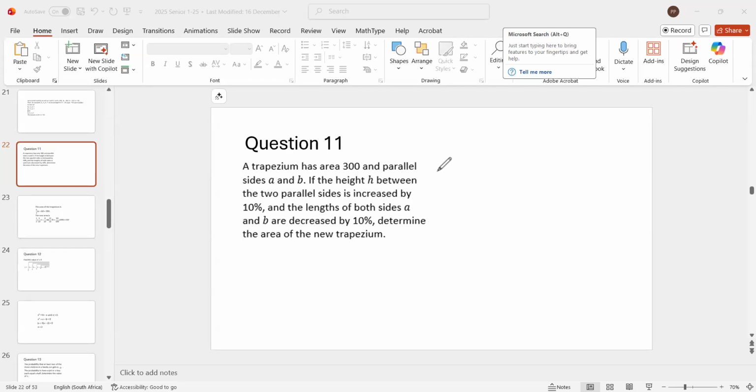We go on to question 11. Question 11 says that a trapezium has area 300 and parallel sides A and B. So let's draw this trapezium.